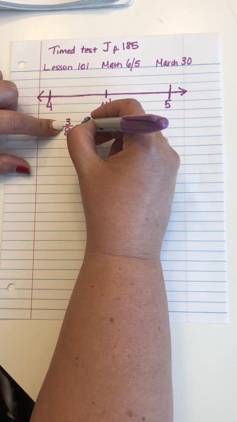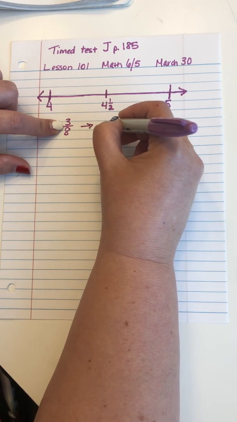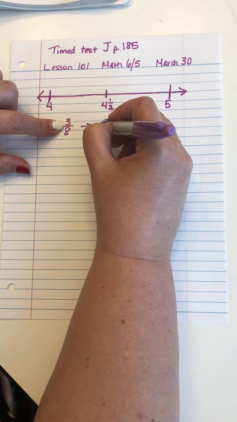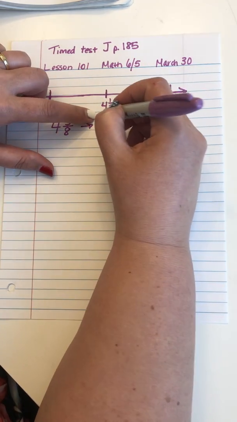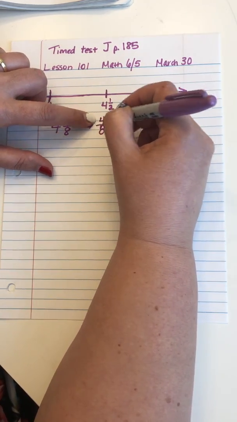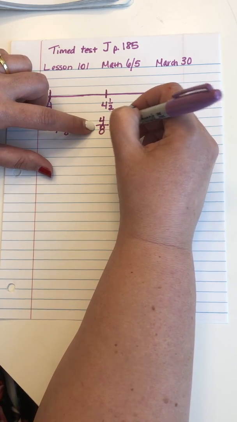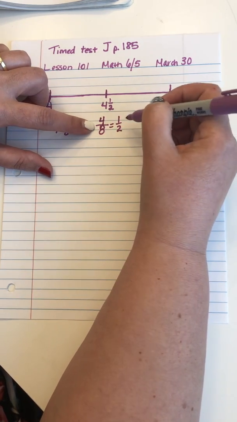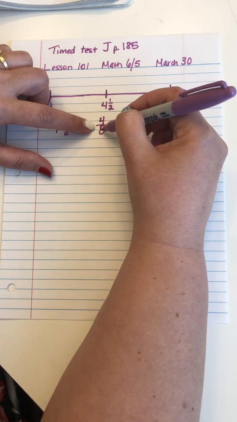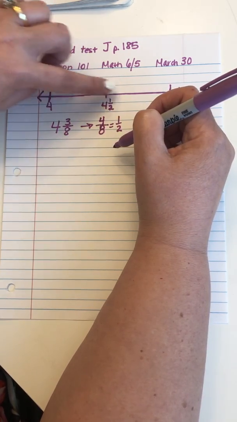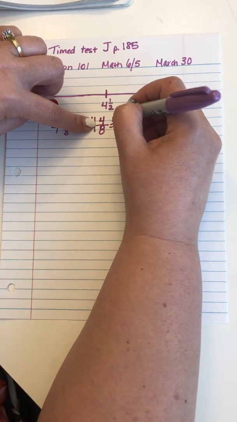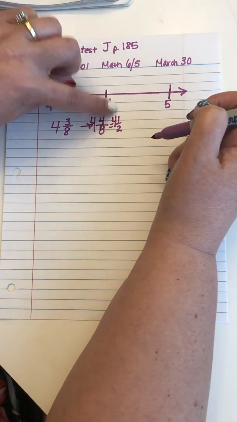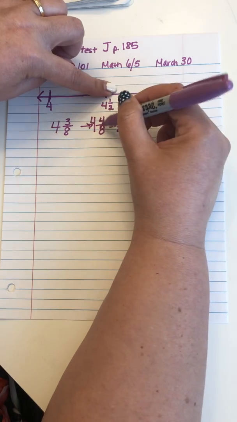The reason I know that, as a reminder, is any fraction where the numerator is half of the denominator is equal to 1/2. So it would have to be 4/8 to be equal to 1/2. It would have to be 4 and 4/8 to equal 4 and 1/2.